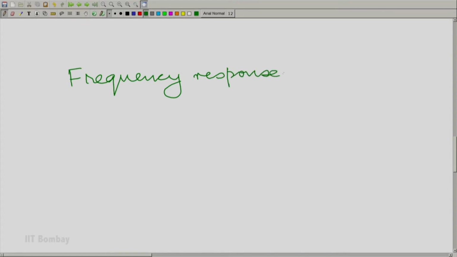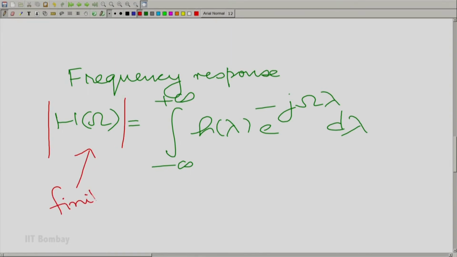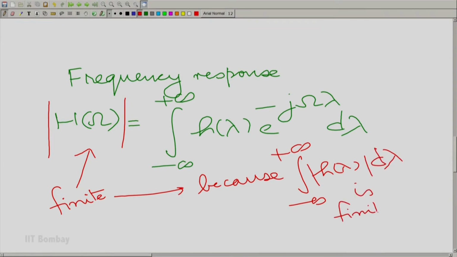The frequency response h omega is the integral from minus to plus infinity of h lambda e raised to the power minus j omega lambda d lambda, and the modulus of h omega is bounded, is finite, because of the absolute integrability of the impulse response, and that is where stability comes. Now, of course, you can see that stability is a sufficient condition for the frequency response to exist.